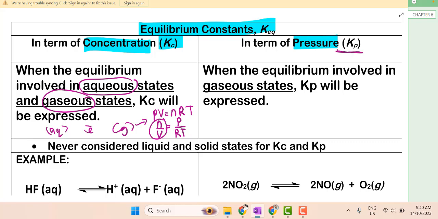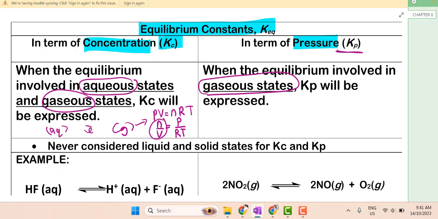That's why we cannot take solid or liquid in the expression of Kc. For Kp, we take gaseous state only, because only gas has pressure. Gas molecules move randomly in continuous motion, so they collide with the wall of the container. So gas does have pressure. Solid vibrates at its own position, so solid will never collide with the wall of the container.